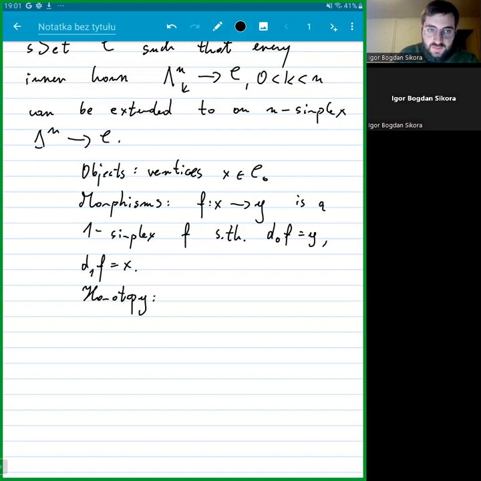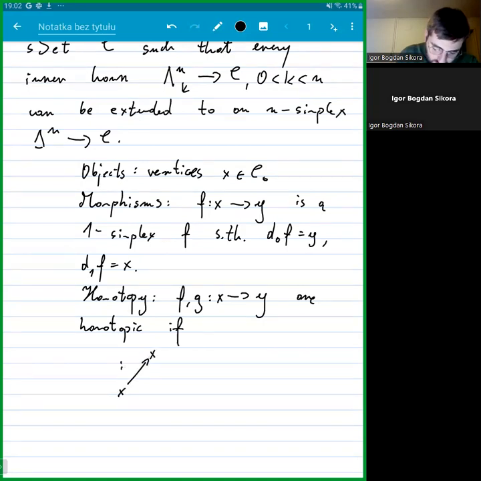If we have two morphisms, f and g, from x to y, we say that they are homotopic if we have the following triangle, and this triangle can be filled to a simplex.